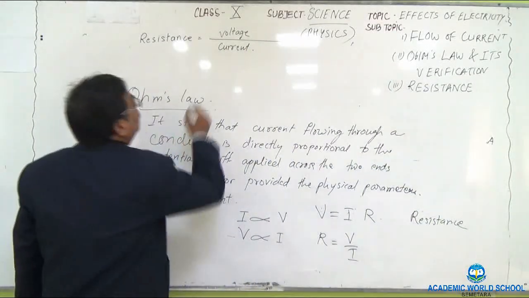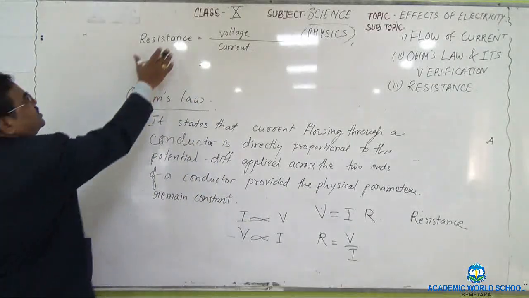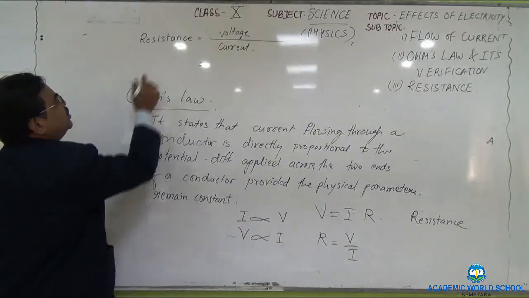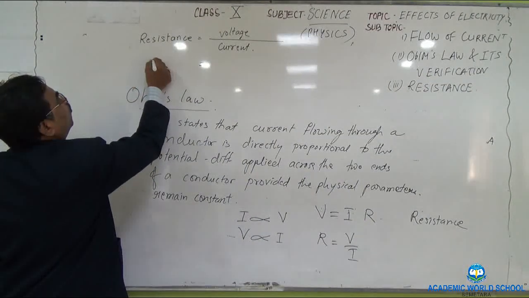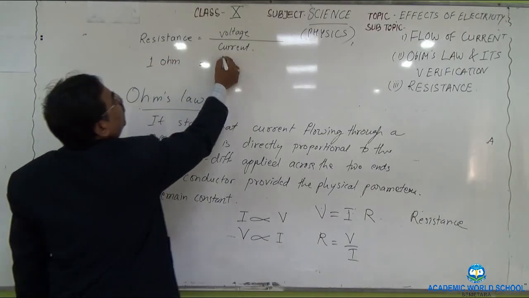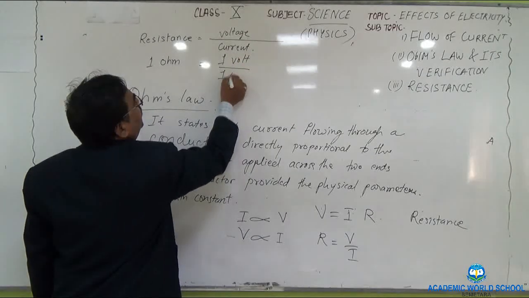Let's see what can be the unit. The unit of resistance is on the name of the great scientist, ohm. So 1 ohm is 1 volt per ampere.